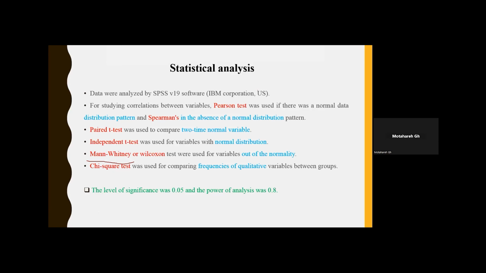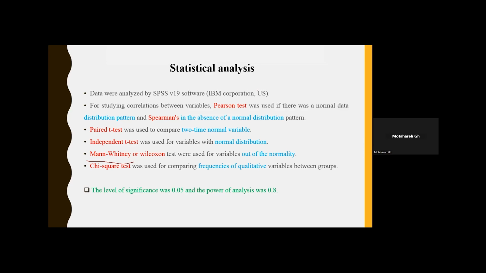Data were analyzed by SPSS 19 software. For studying correlation between variables, the Pearson test was used if there was a normal distribution pattern, and Spearman in the absence of a normal distribution pattern.